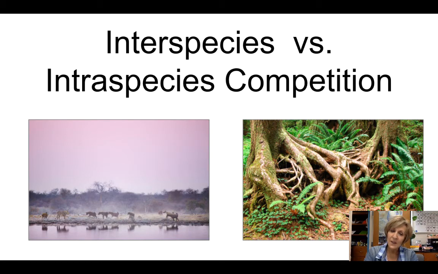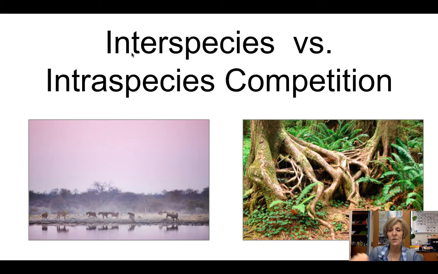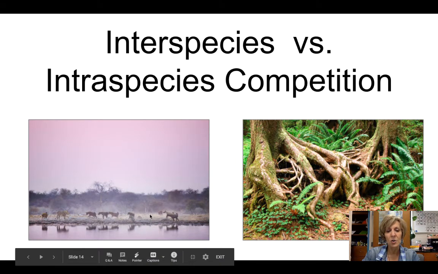So we have competition with organisms, and we have interspecies competition and intraspecies. So the way to remember this prefix is think of an international airport flying between countries. So over here, I have an example of interspecies, right?